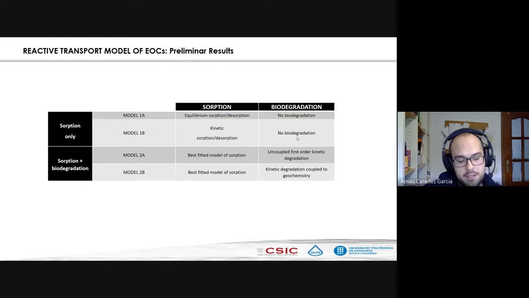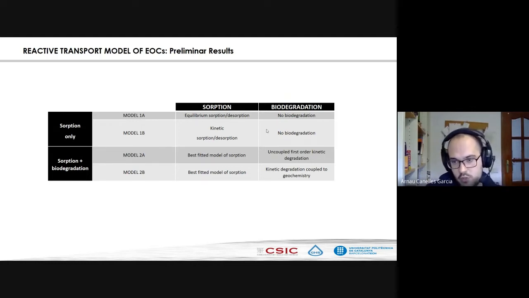So in summary, the results presented were divided into two main kinds of processes: the sorption process and the biodegradation process. We had different models to test the different kinds of sorption and degradation to finally get to the end data. Basically, we compared the kinetic sorption versus the equilibrium sorption.